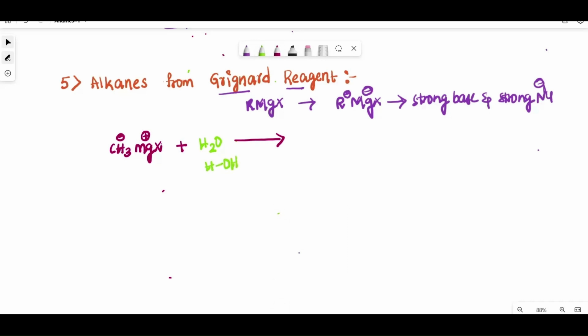Here, this CH3 needs to extract this hydrogen, then you will get CH4, methane, plus Mg(OH)X. You will get this product. This way you can do the remaining things: if you have Grignard reagent, it will extract acidic hydrogen for forming these alkanes.